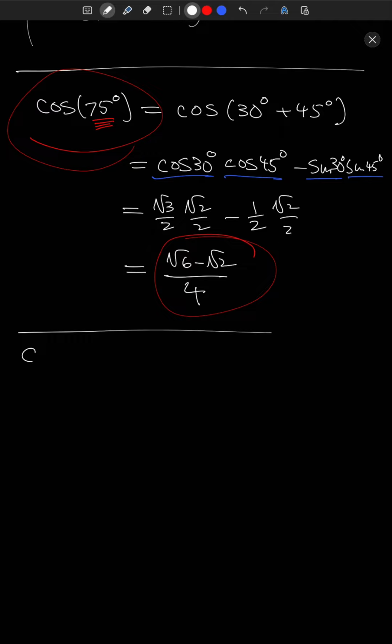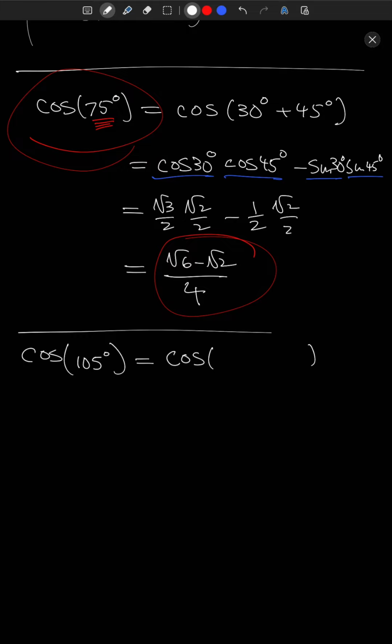So another example would be cosine of, let's say, 105 degrees. So you just have to think, is there any way I can break up 105 into two pieces, each of which I know the sines and cosines of? So let's see, we know cosine of 60 degrees, we know cosine of 45 degrees, and sines.